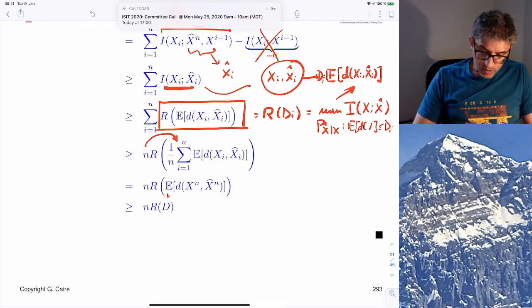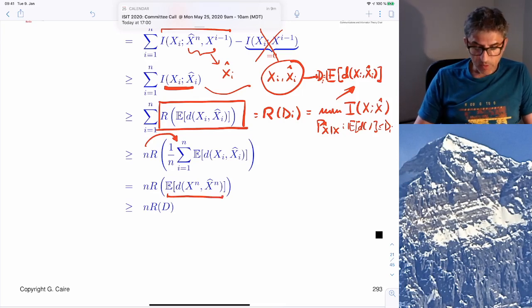So now this is precisely what we have defined as distortion between sequences, and we have assumed at the beginning that the code would achieve this average distortion over the sequences less or equal than D, and therefore when we plug in D, and because the function R is non-increasing, we get a lower bound.